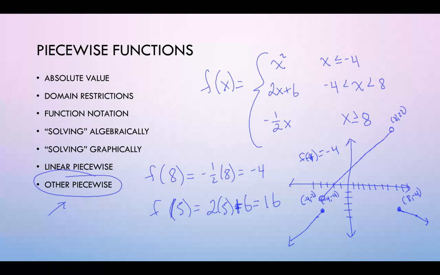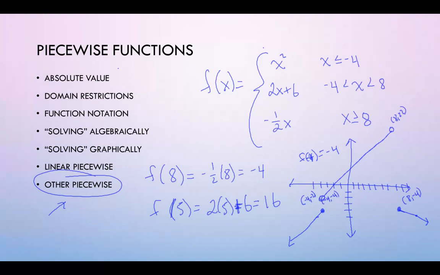Domain restrictions, pay attention to them. And knowing that absolute value is a piecewise function is just the most famous piecewise function, so it gets its own name. This would not be continuous, whereas an absolute value function is continuous. This is not, right? I'm going to draw it, pick my pencil up, and draw the next part.